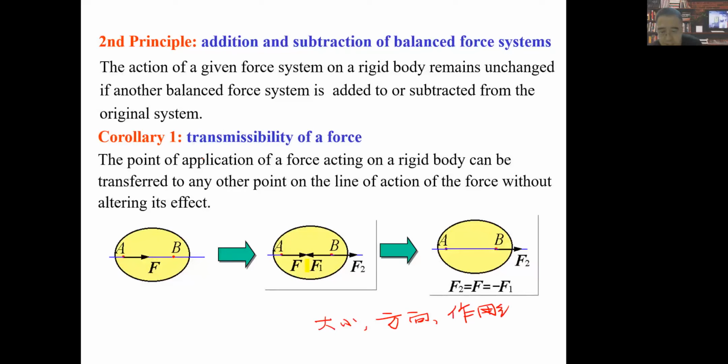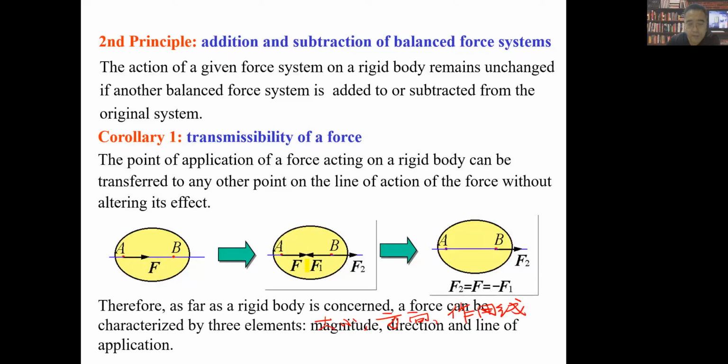From this second principle, we know we can freely change its point of action freely along its action line. So it can be changed into a magnitude, direction, and line of action, right? So that's all the second principle is about.